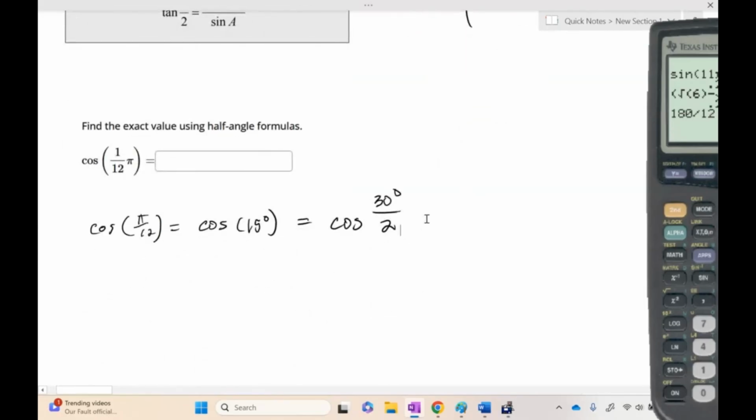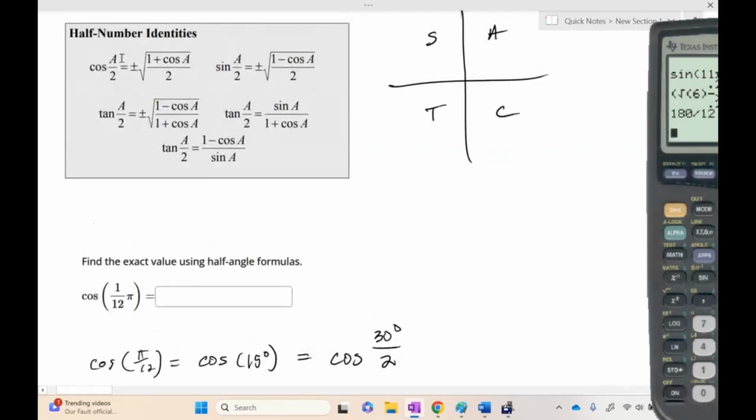So notice before you had to add or subtract. For the half angle identities, you want to find an angle that you can split in half to give you your desired value. So we're using the cosine of 30 divided by 2. Therefore, I'm going to use this half angle formula for cosine.